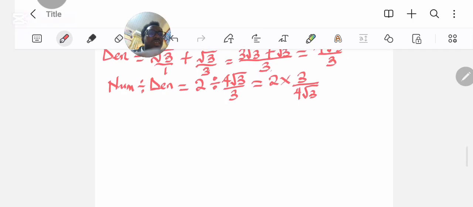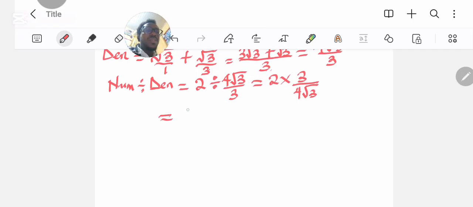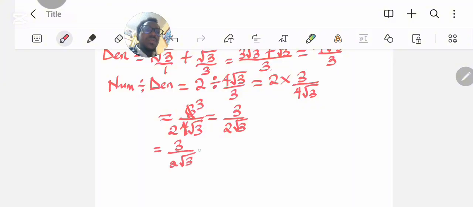And so from here now, you can say this is 2 times 3, that is 6 over 4 root 3. So we can reduce this. 2 can go here 3, 2 can go here 2. So we have 3 over 2 root 3. And from here now, we rationalize the denominator by multiplying with root 3 over root 3.